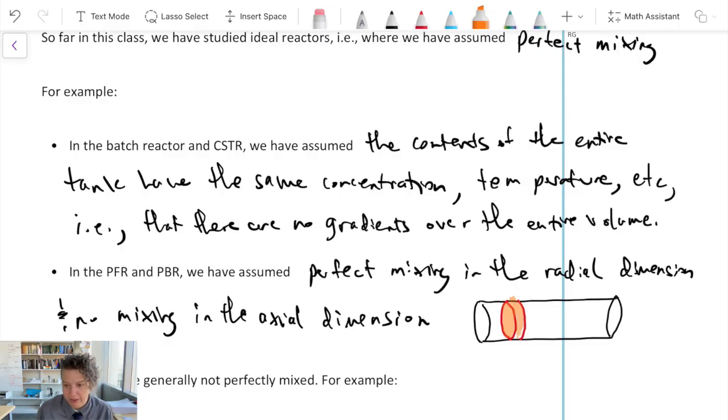So everything in there is the same concentration, the same temperature, but if we were to go to the very next volume slice, now all of a sudden there's a difference. So the temperature, concentration are varying down the length of the reactor, but at any position along the length, the properties are uniform.